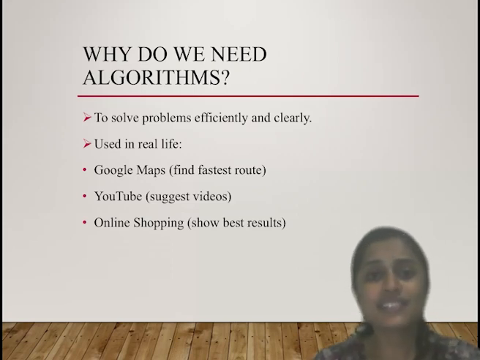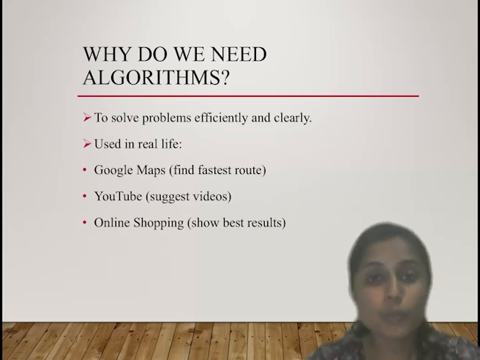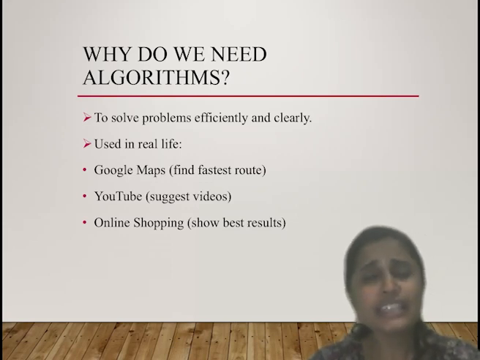Then our next concern is why do we need algorithm? Because to solve problems efficiently and clearly, an algorithm must be used. Also, in real life, we use algorithms. Let's consider the example of Google Maps.